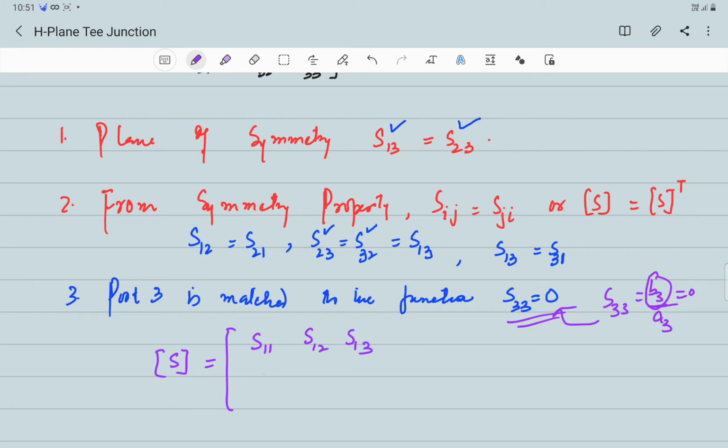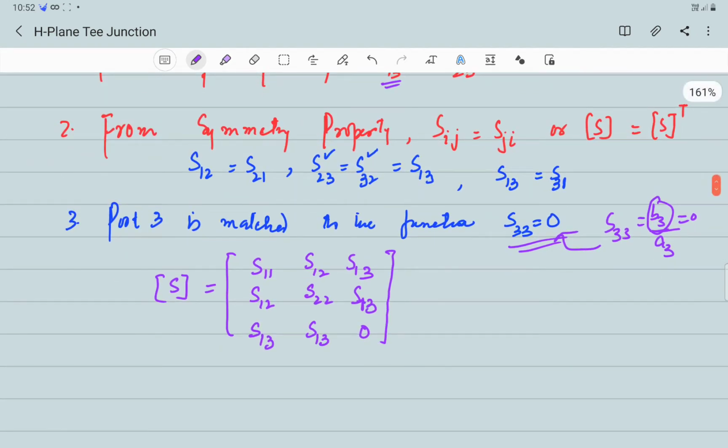Instead of writing S21, I can write S12. S22 stays S22, and S23 is the same as S13, so I'll write S13 again. And S31 is the same as S13 as we have seen above. So this is what the matrix looks like.